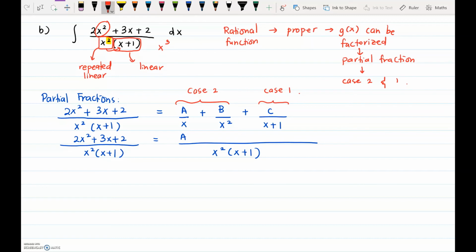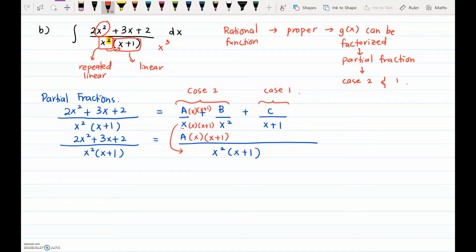The numerator will now be A times x times (x plus 1). In the first term we have only x, so to make it x squared times (x plus 1), you have to multiply with another x and (x plus 1), and the same for the numerator.